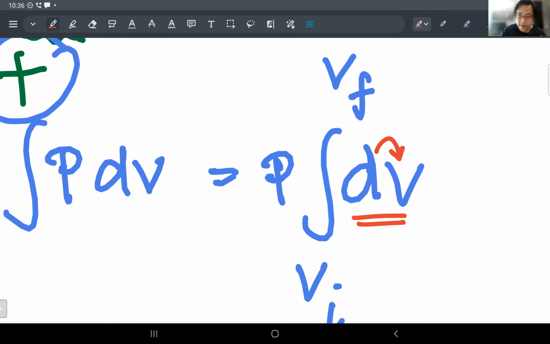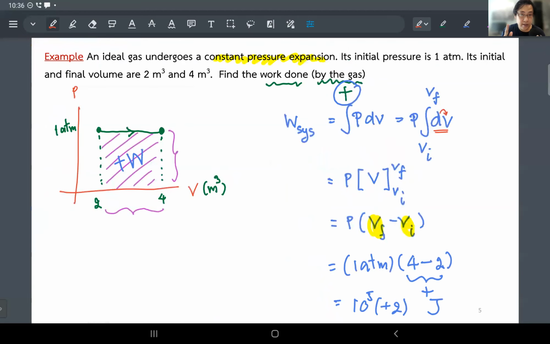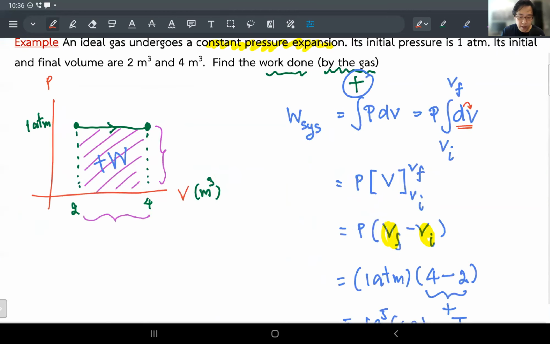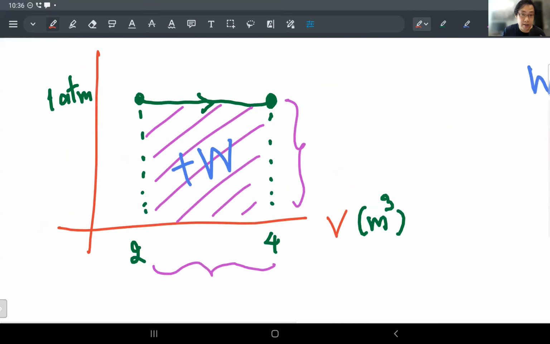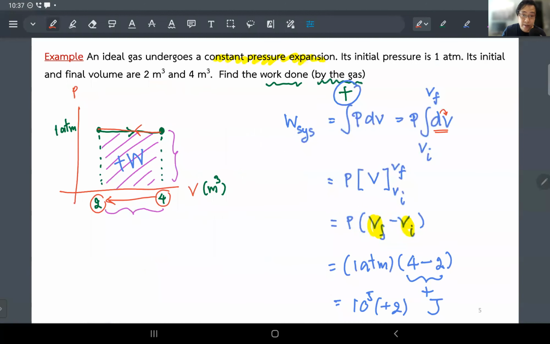There's another question: is the work done by the gas always positive or not? That's a good question. No. Let's say I reverse this process and go backward, from 4 back to 2. Along this line, I have to tell you exactly how I move back. So everything will look exactly the same, correct?